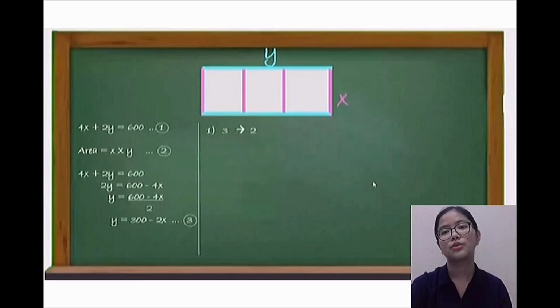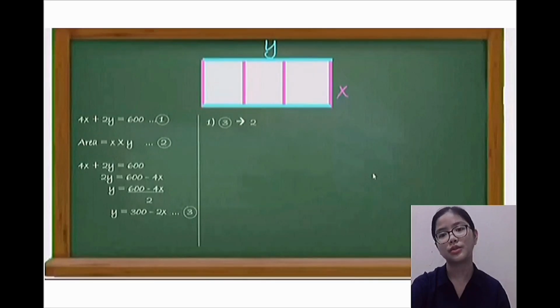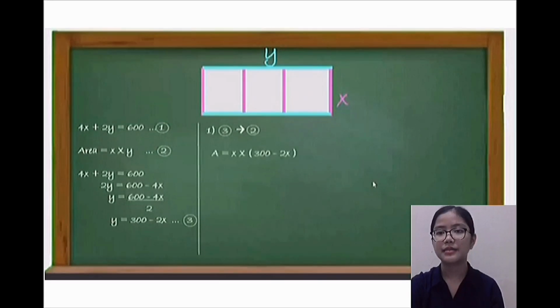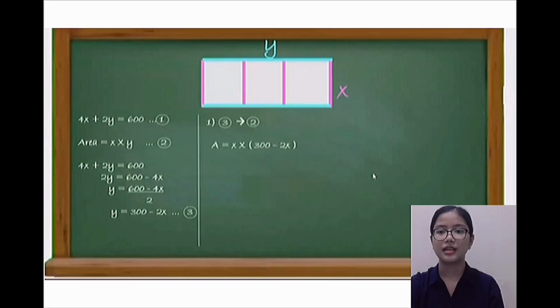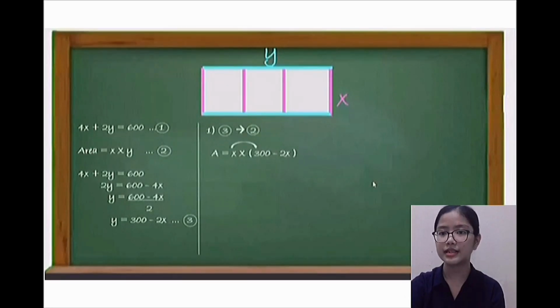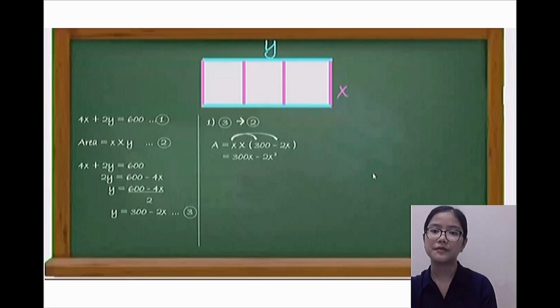Okay, now for the first step, we combine the 3 equations into 2 equations. So we get A equals x multiplied by 300 minus 2x. So we multiply it 1 by 1, and we get 300x minus 2x to the power of 2.